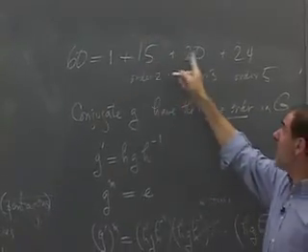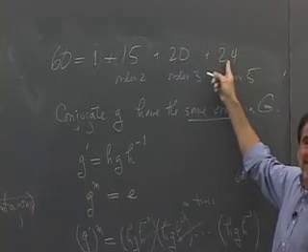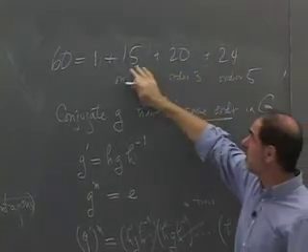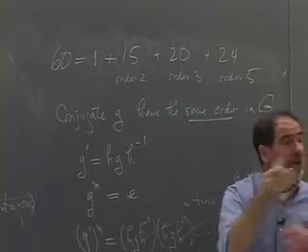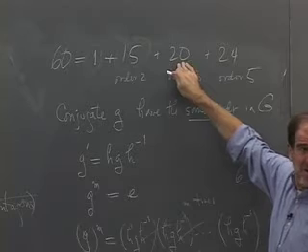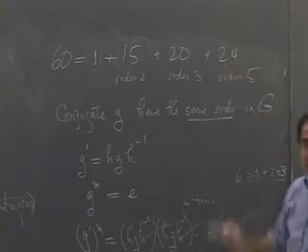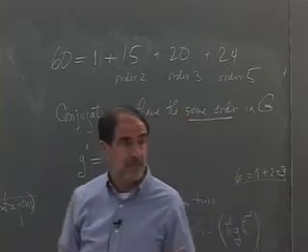Namely, 15 divides 60, 20 divides 60, but 24 does not divide 60. So it's possible that all the elements of order 2 are in one conjugacy class. It's possible that all the elements of order 3 are in one conjugacy class, but this has to be at least 2 classes, because 24 doesn't divide 60.